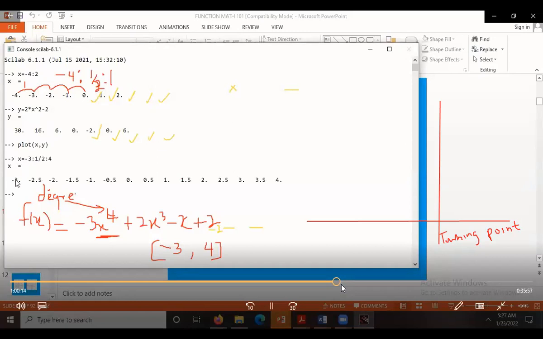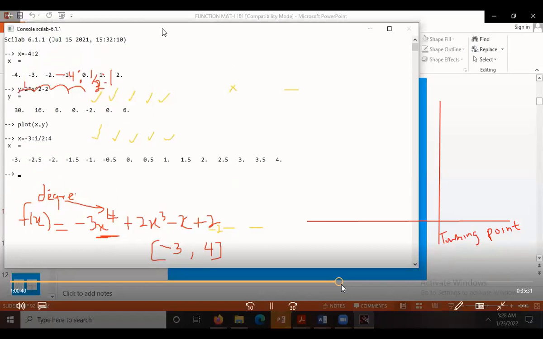Instead of moving from -3 to -2, -1, 0, 1, 2, 3, 4, it has halved the interval for me. So from -3 to -2.5 to -2 to -1.5 to -1 to -half to 0 to half, 1, 1.5, 2, 2.5, 3, 3.5, 4.